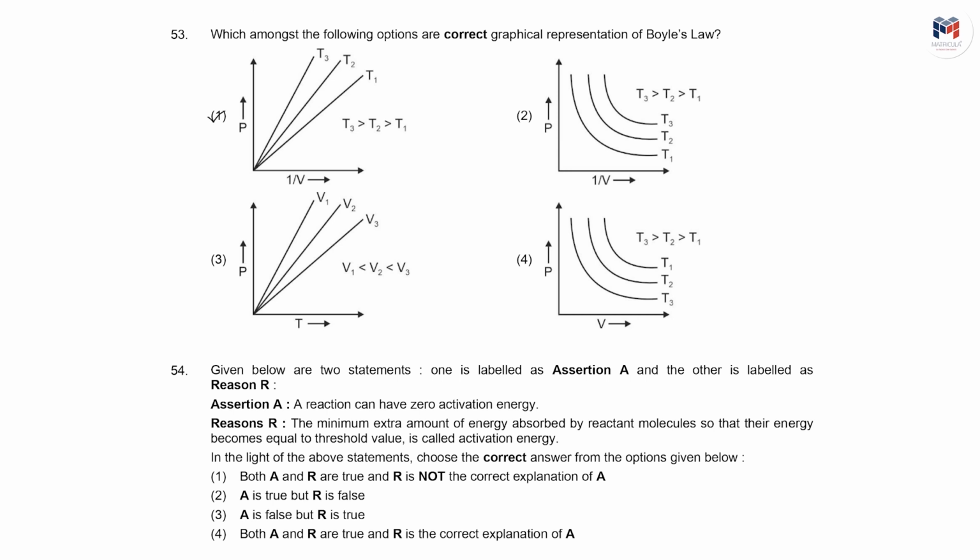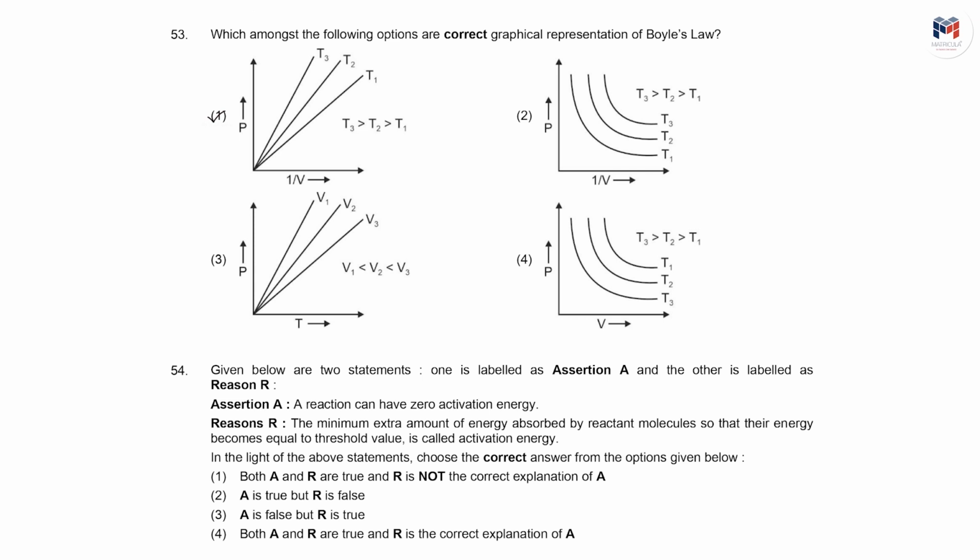Question number 54. Given below are two statements. One is labeled as assertion A and the other is labeled as reason R. Assertion A: a reaction can have zero activation energy.